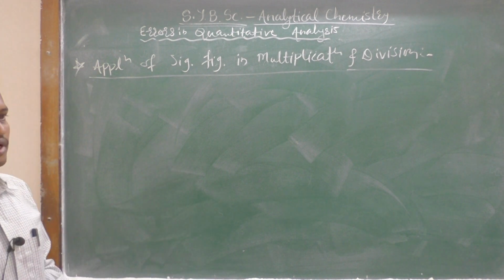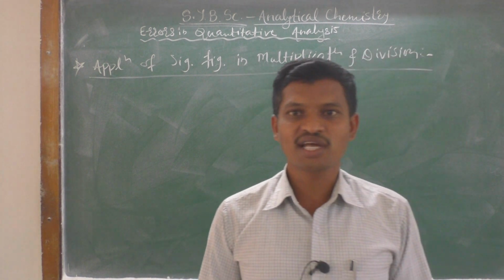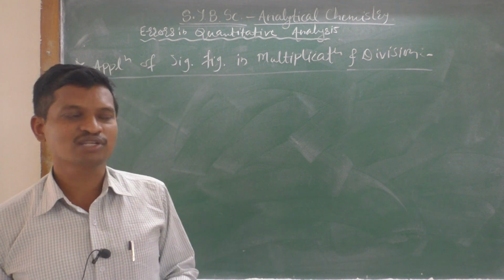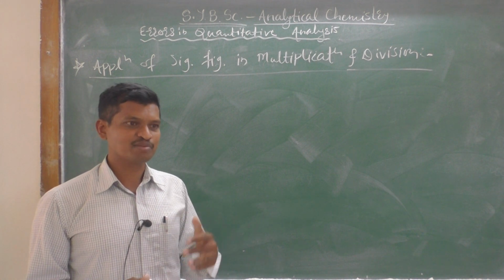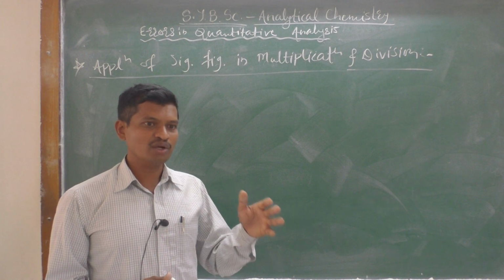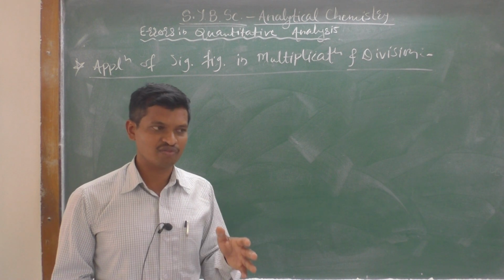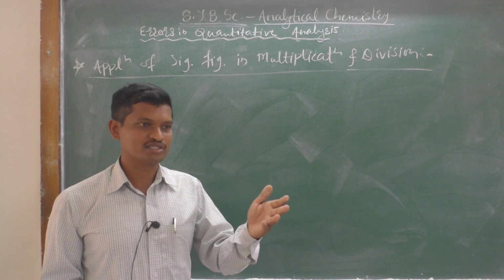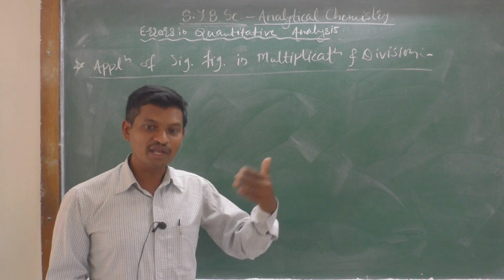Now in multiplication and division, there is one more additional rule compared to addition and subtraction. So what is that rule? In addition and subtraction, we have seen that depending on the least number of significant figures in your given data, only that many significant figures are allowed for the remaining numbers.